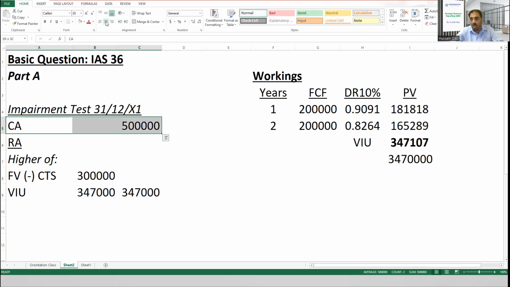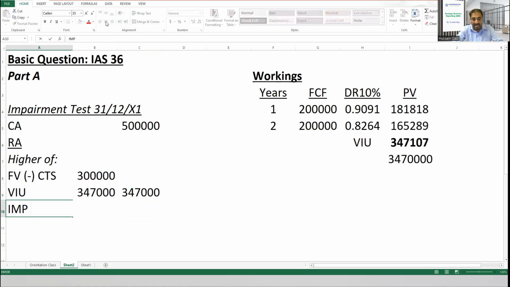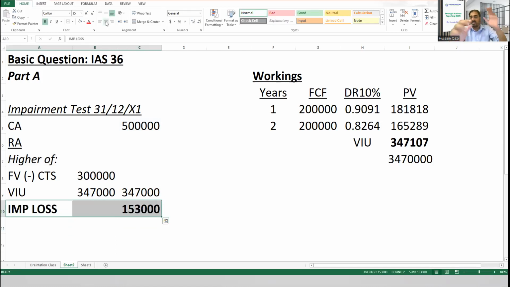So if a company is going to report 500,000 as a carrying amount, but identifies an impairment indication, and we have tested that, we have identified that the maximum benefit we can get is only 347,000. That means the impairment loss of 153,000.